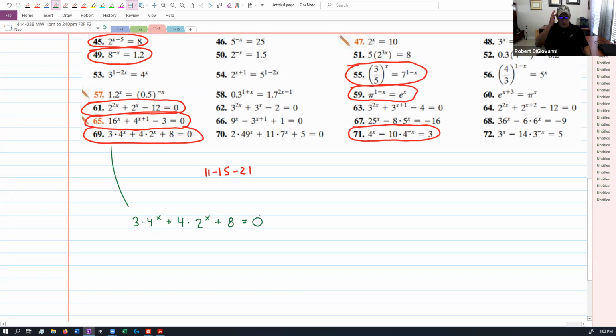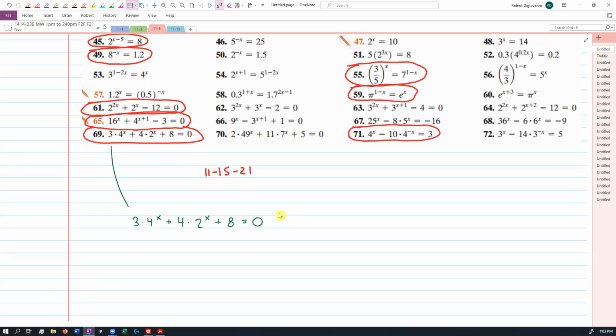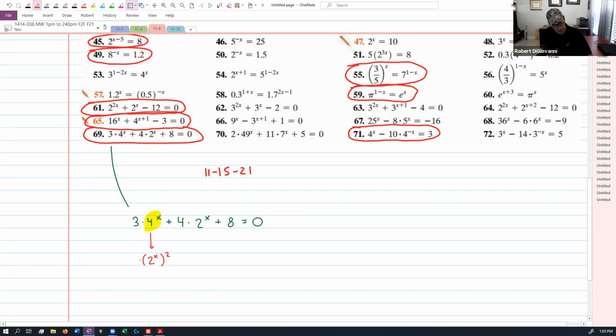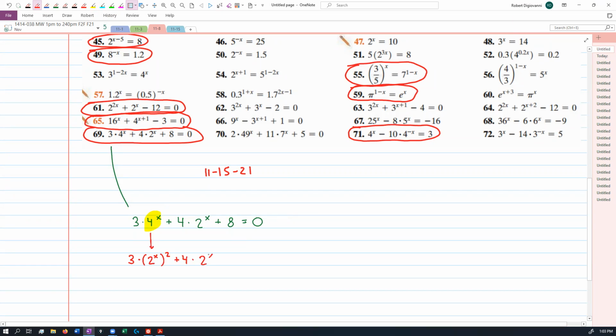Okay, so we're asked to solve for x here. So do you want to tell me kind of what you did, and then I can see if that's in line with the right approach? Sure. So for 69, I took the 4 to the x power and I turned that into a 2 to the x power squared, so that I could substitute the 2 to the x with u.